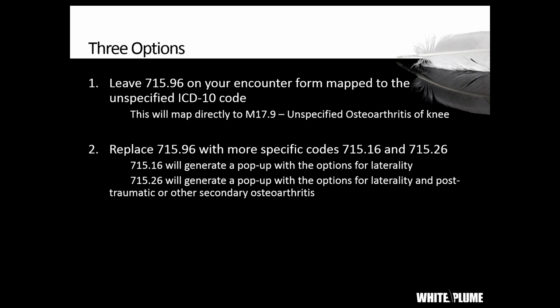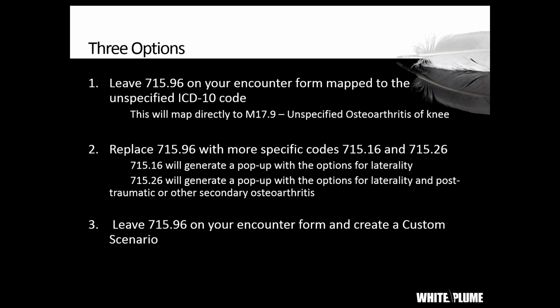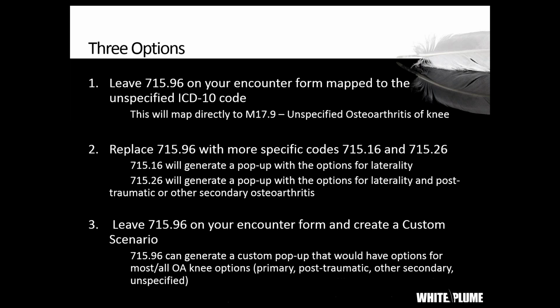Now I've got to be more specific there. Is it post-traumatic or is it an other secondary osteoarthritis? But again, I like the third way the best that says no change for me today. I'm going to tweak that custom scenario so that I've got all the options that I need.